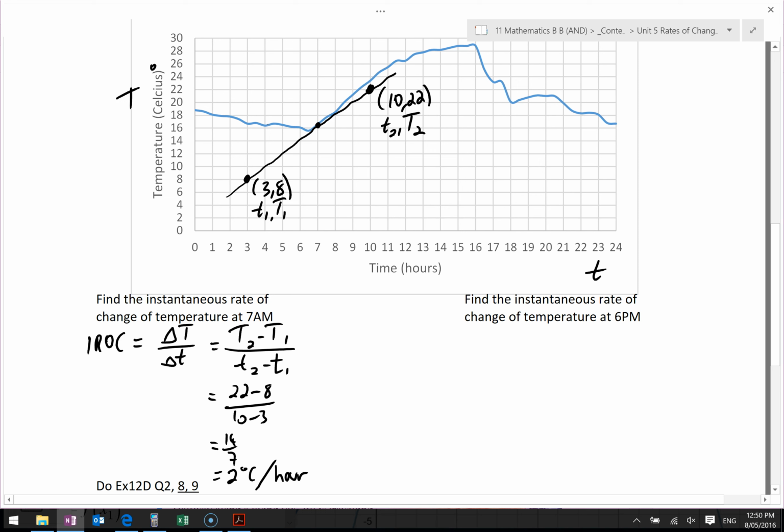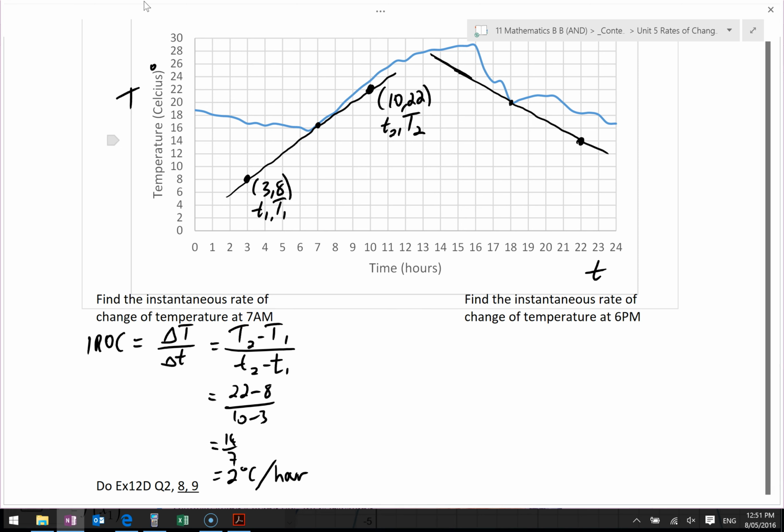Okay, what about at 6 PM? We could do the same thing. It's probably a little bit harder to draw a tangent here, but we can have a go. Okay, about there will do. Obviously use your ruler, do as best you can. Find some convenient points. Those 2 points look good enough. Okay, if we don't have a convenient point over here, there's no problem with me using this point.